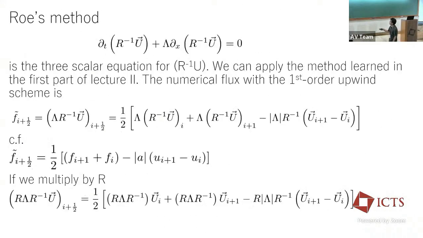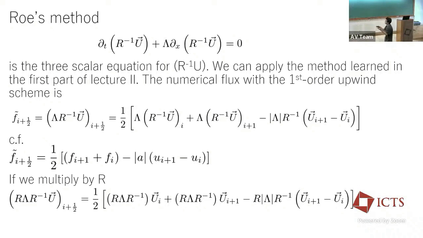So here's an expression for the Roe method. Do you understand what's the meaning of this equation? Here lambda is a diagonal matrix. So this is nothing but three scalar equations for R inverse U. So we know the numerical scheme to get a high accuracy solution even when a discontinuity exists.